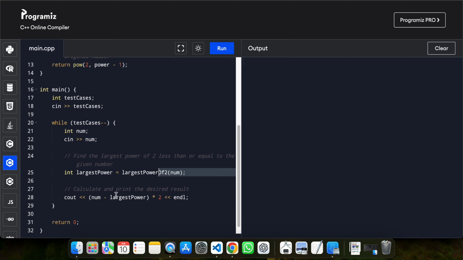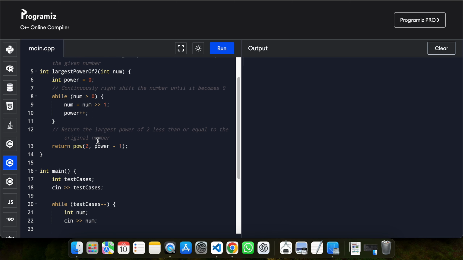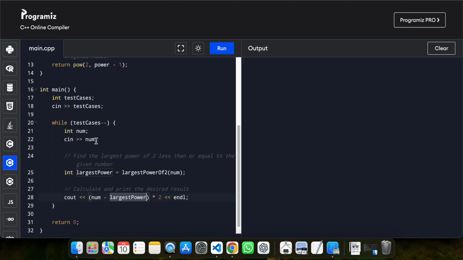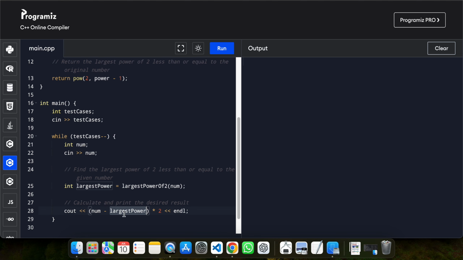Now I know that this largest power of 2 will always be smaller than or equal to this number, because I have made sure that it will not get larger. If it is equal, it means the number of slices is a power of 2, then the difference will become 0.